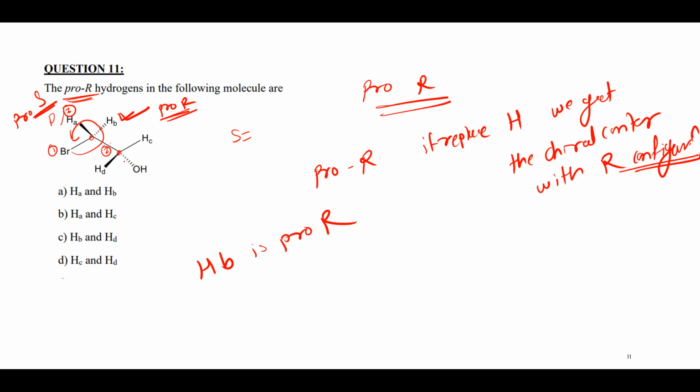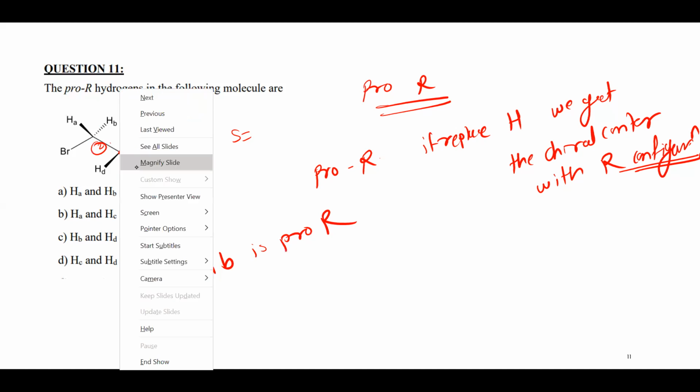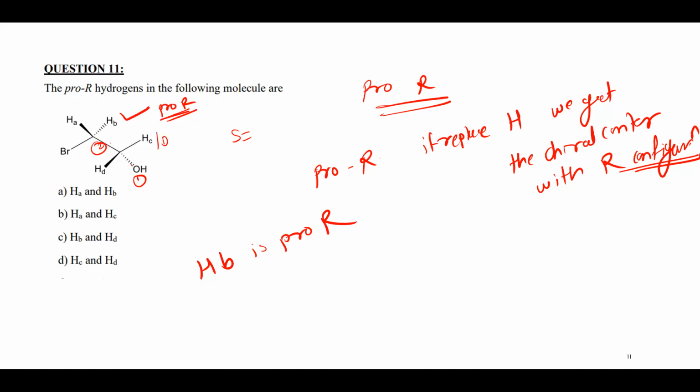All right, we'll see the next center now. For the next center, I will give the numbering. Let's say this is 1, and this one is the 2. I will replace this hydrogen by deuterium and try to get the configuration for this chiral center. So what is the configuration now?